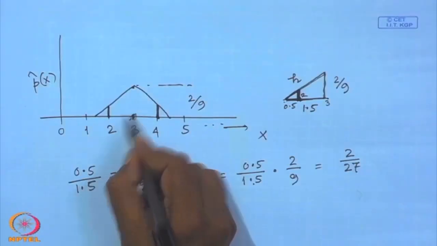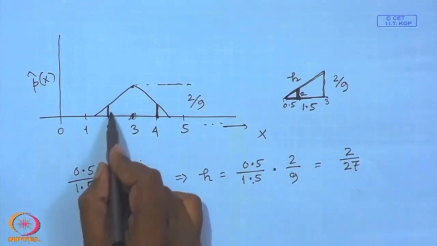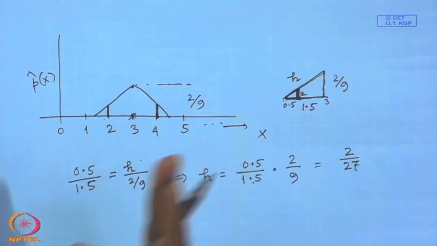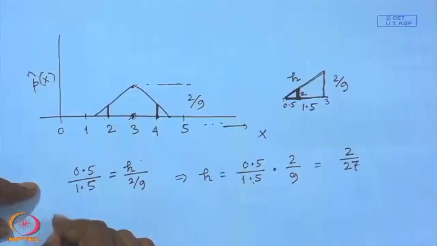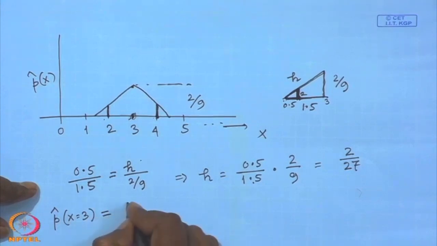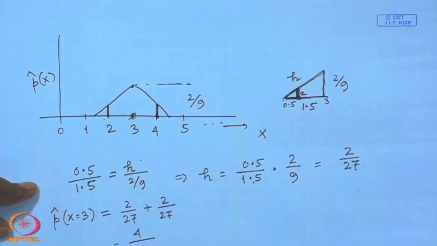So, the final probability density at location 3 will be twice this 2 by 27, because it is this height plus this height, as these two are the samples lying within my triangular window. So, the probability estimate p hat of x equal to 3 is simply 2 by 27 plus 2 by 27, which is nothing but 4 by 27.